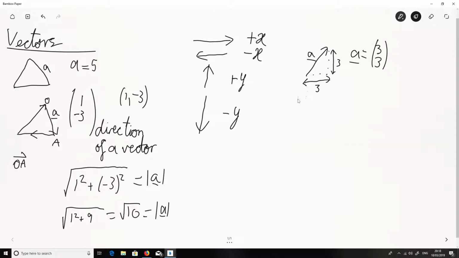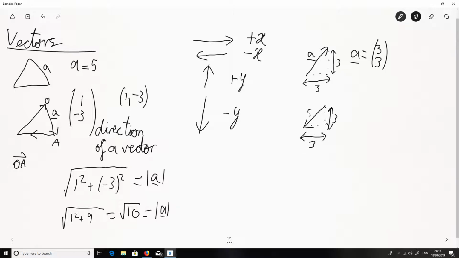If we get this same vector, but this time it's going in the opposite direction, so the arrows are going the other way. We'll just draw those dots in there. So this time we're still getting a change of 3 here, and a change of 3 here.